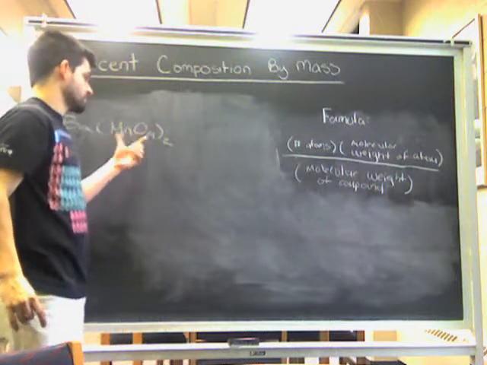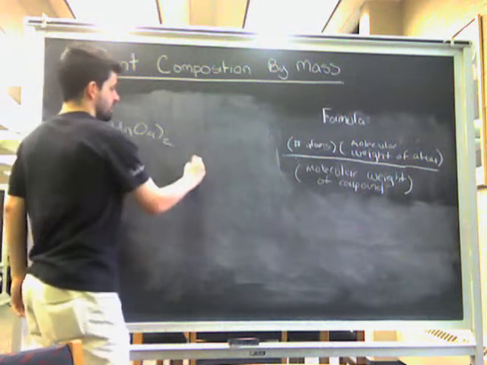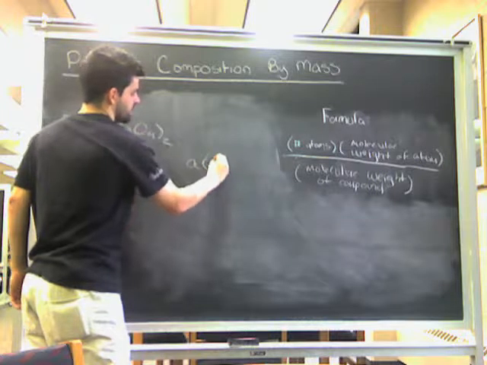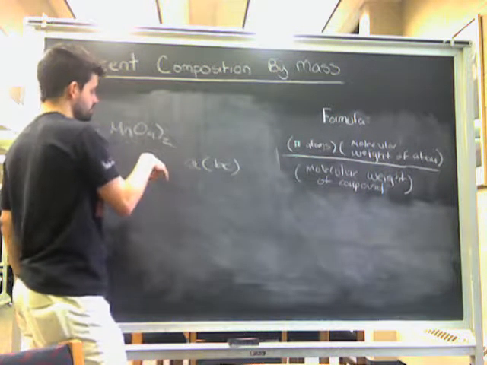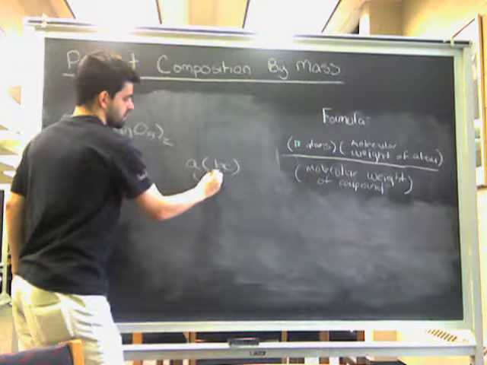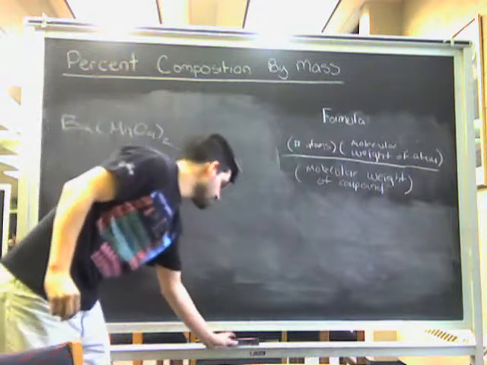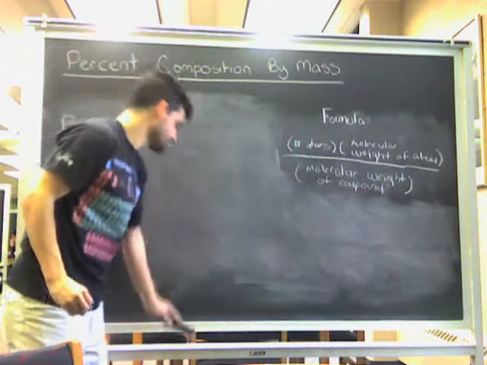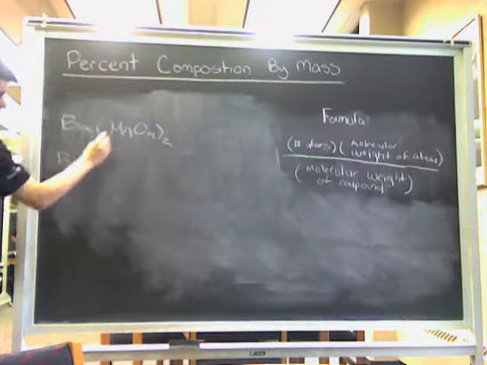Think of these parentheses and this 2 as using the distributive property. When we take A times (B plus C), and B plus C is our permanganate, A is the 2, we're just going to distribute everything. So putting that into play, we'll make our inventory here.